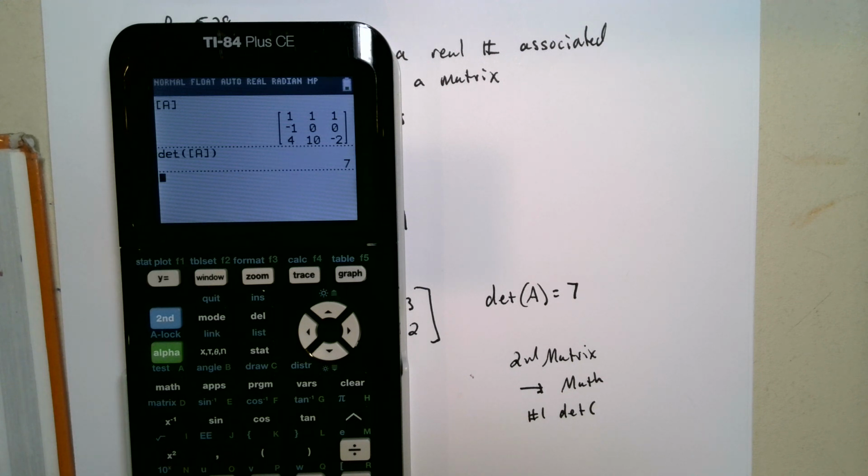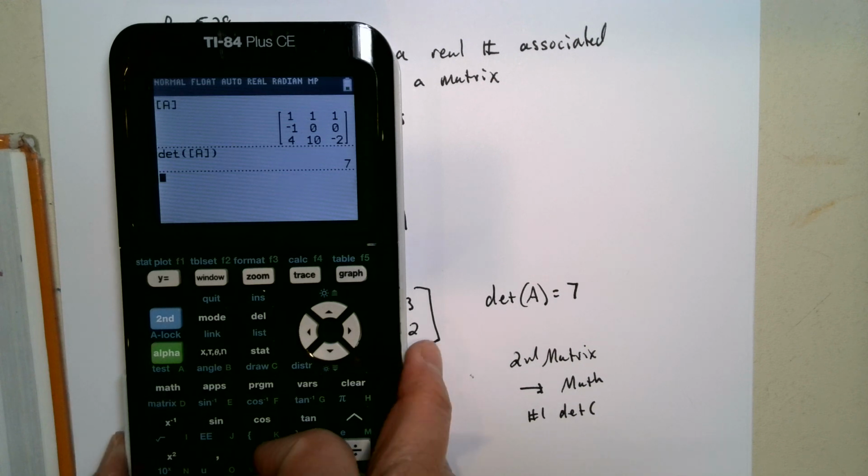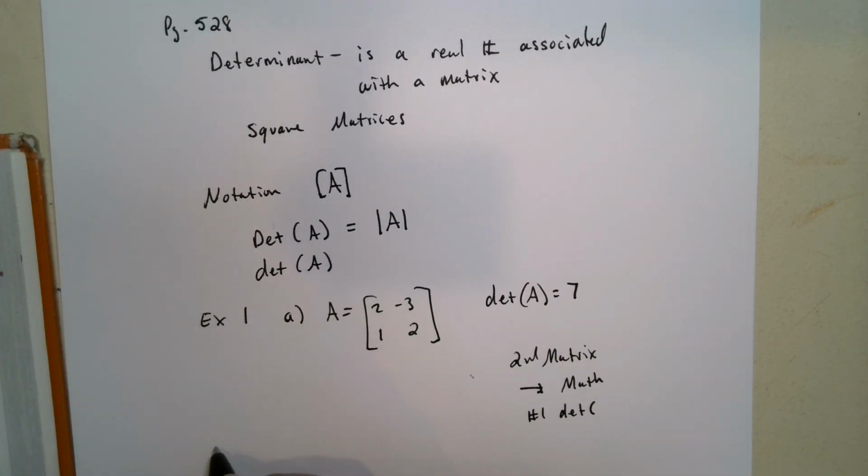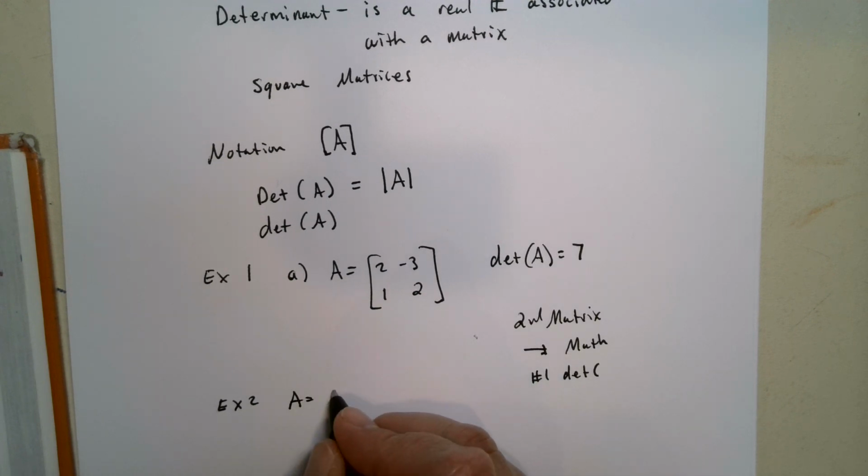All right, let's do one more. If you look on page 530 at example 2, we have matrix A is 0, 2, 1, 3, -1, 2, 4, 0, 1.